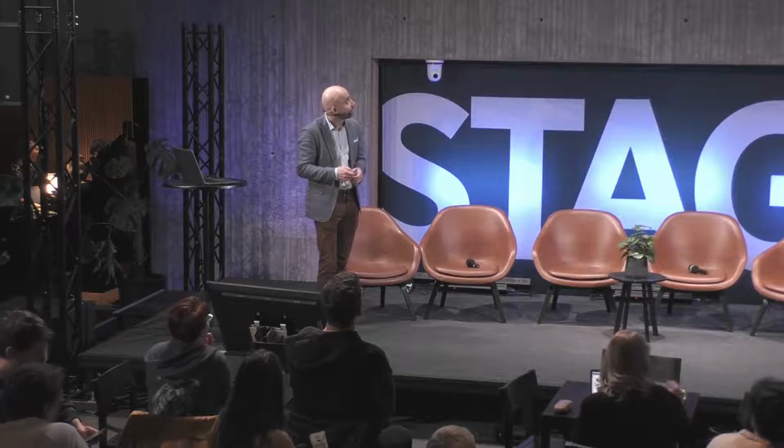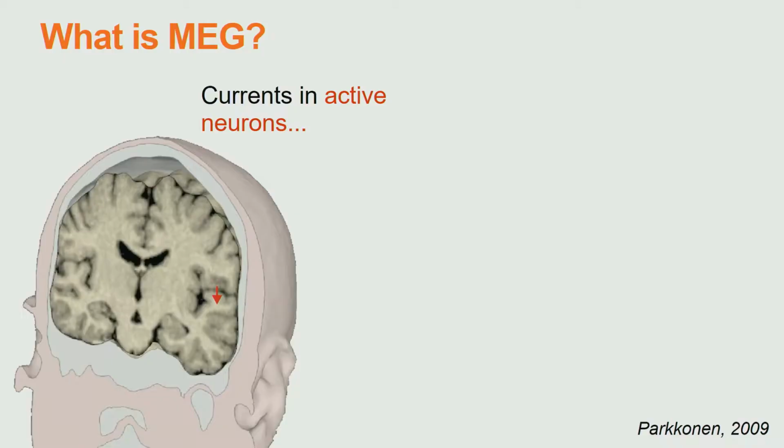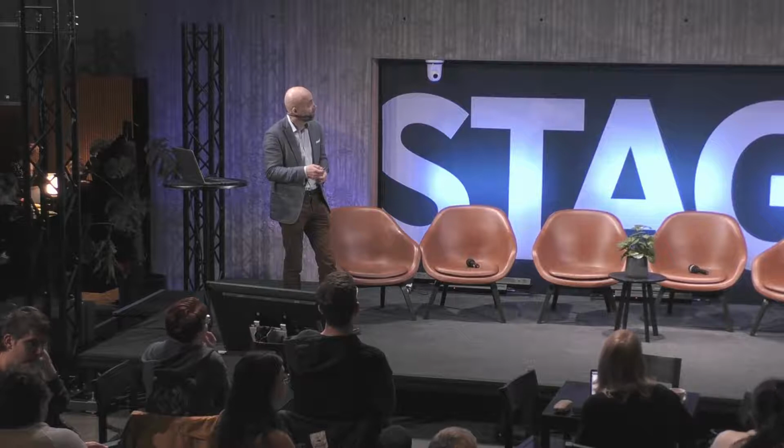First, I'll say just a few words about the imaging tool that we are using, because maybe not all of you are familiar with it, so that you understand the nature of the data to which we are applying these AI tools. MEG is about measuring brain activity through the magnetic fields that are generated by electrically active neuron populations.